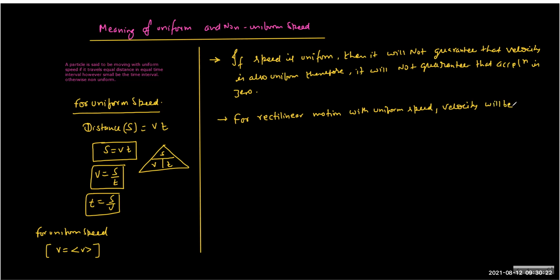So for rectilinear motion with uniform speed, velocity will be uniform for the given interval if direction is not reversed, because there is a chance of reversal of direction.